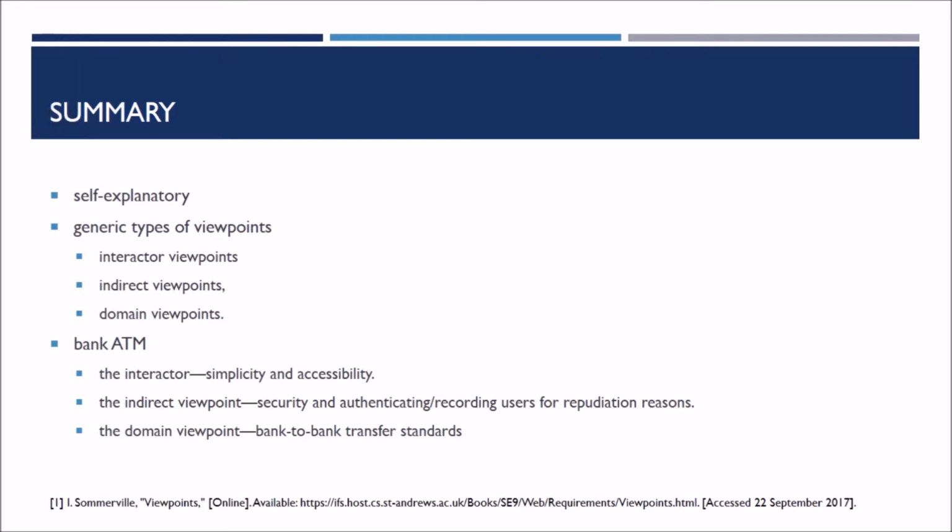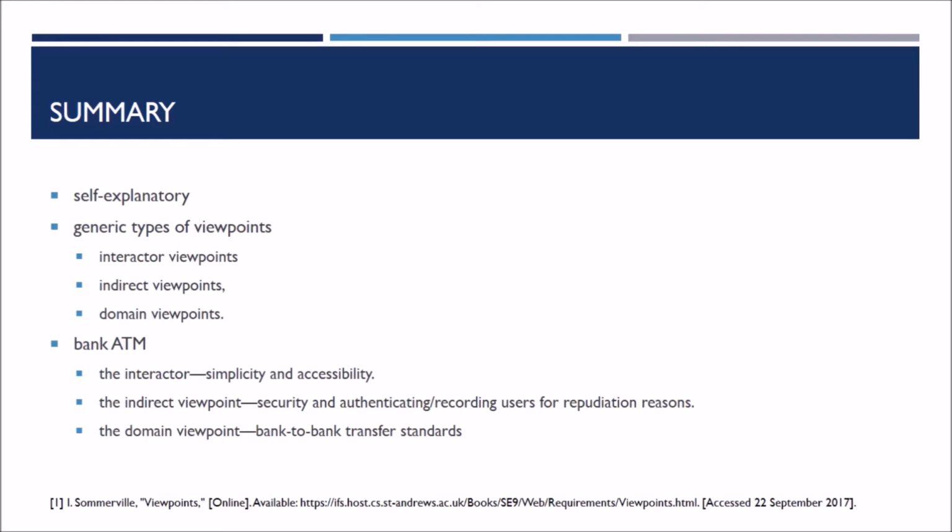I'm going to go into each one of those a little bit later, so I'm not really going to delve too much into what those are. But the interactor viewpoints is basically the user. The indirect viewpoints would be somebody like the manager or the developers, someone who is not specifically going to be using the product, but still has a say and a buy-in to the product.